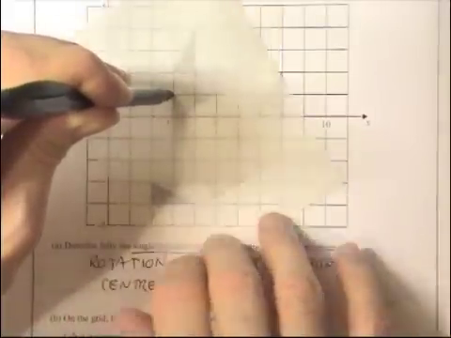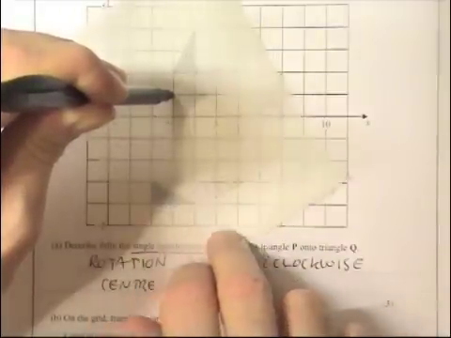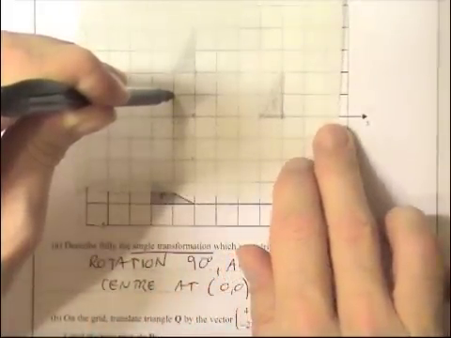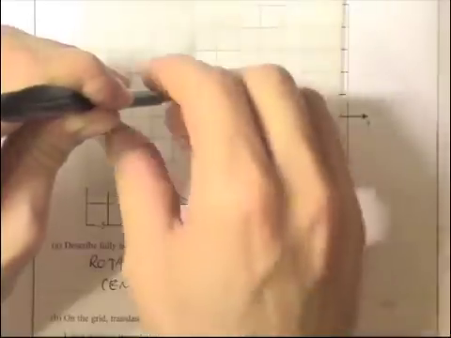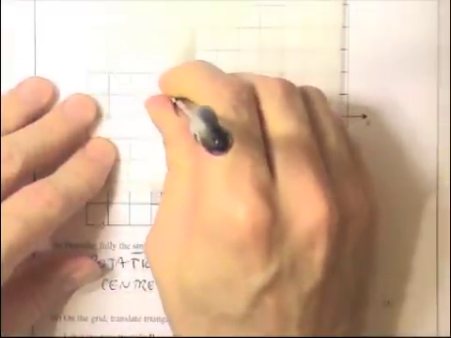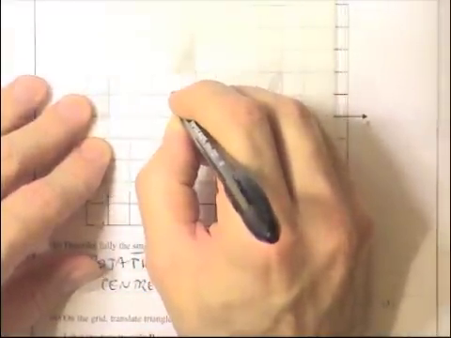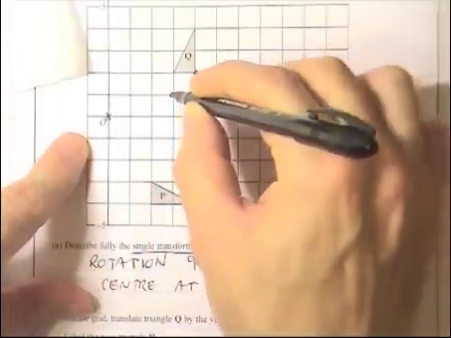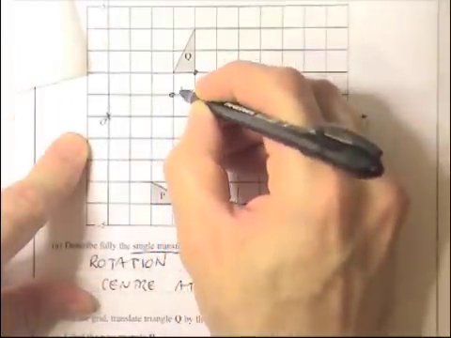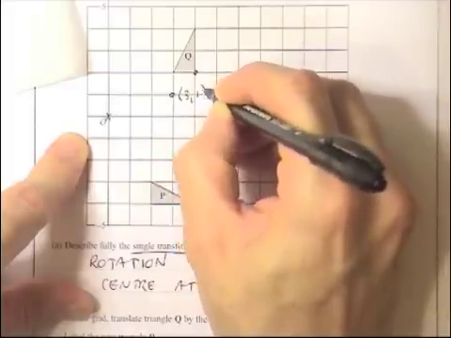And that's it. The original image, when rotated about the point where my pen is, meets the image. So this is the centre of rotation. Remove my tracing paper very carefully and mark it on there, and the coordinates of that are 3, 1.